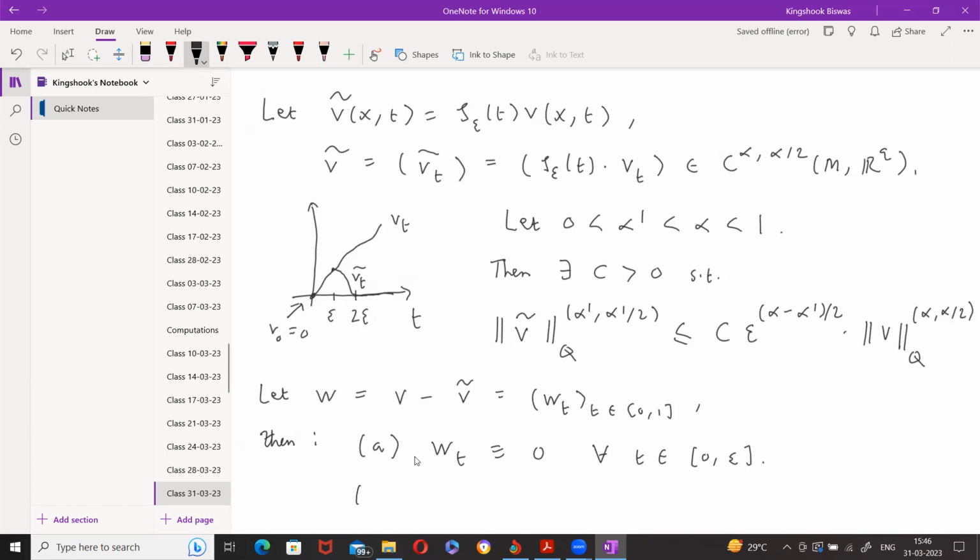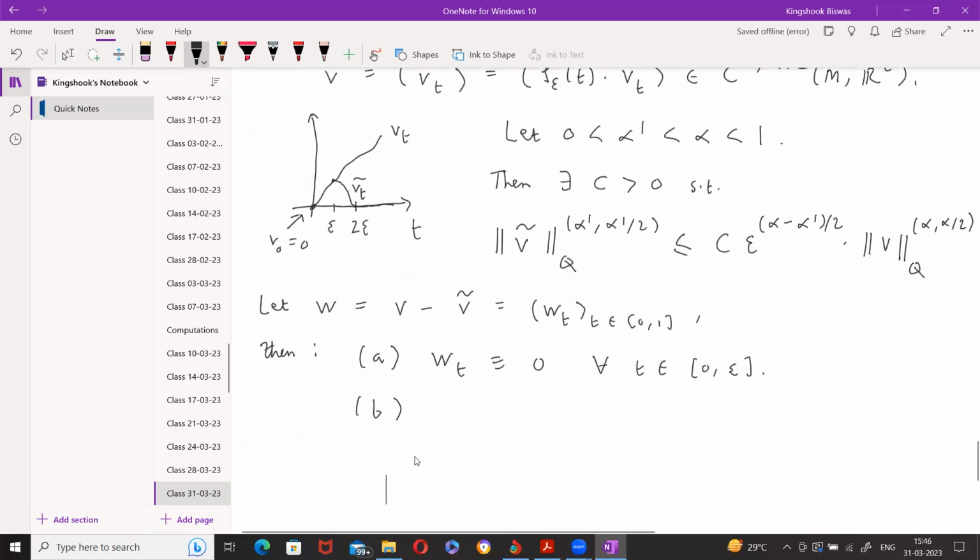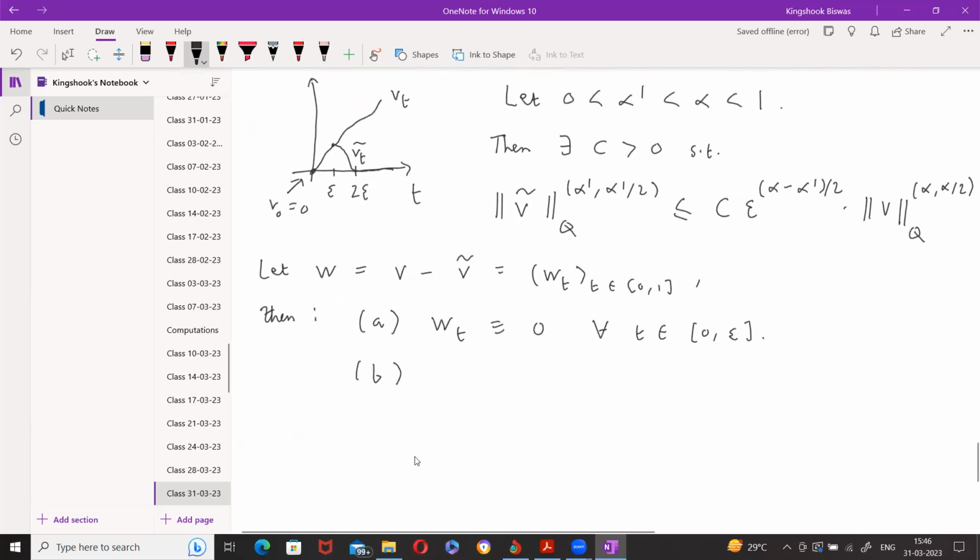Secondly, the norm of WT is as small as we want, as W is as close to V as we want.